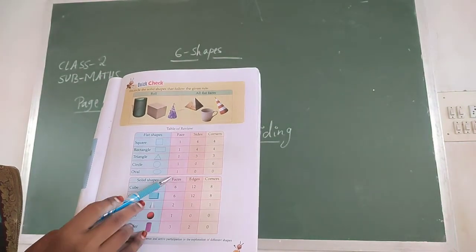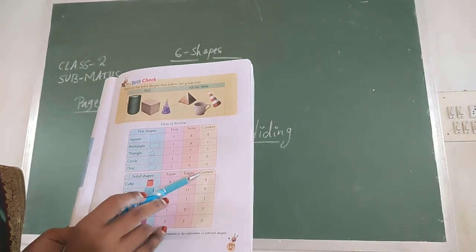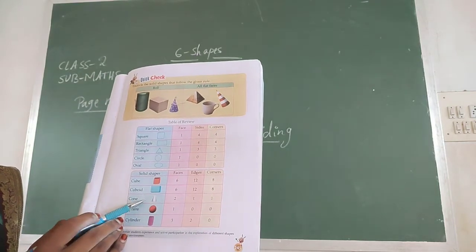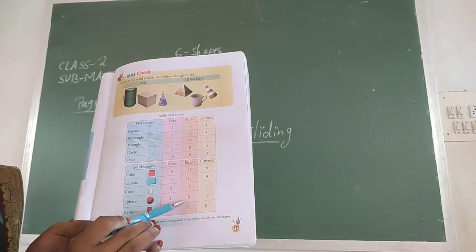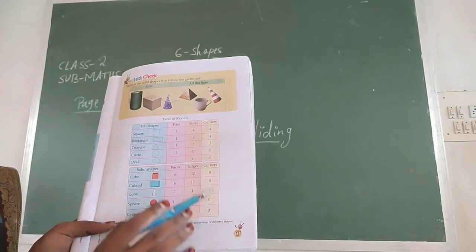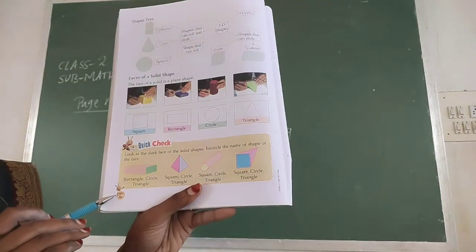Sphere has only one face and hasn't any edges and any corners. Edges means sides. Okay. Cylinder. Cylinder has 3 faces, 2 edges and hasn't any corners. Okay.